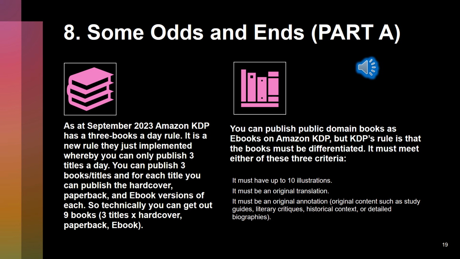What brought about this, from what I read in the news, was people were flooding Amazon KDP with low quality artificial intelligence generated junk books, and it was affecting the customer experience. Customers were complaining, and so they limited it to 3 books a day per person. It wasn't like that before.